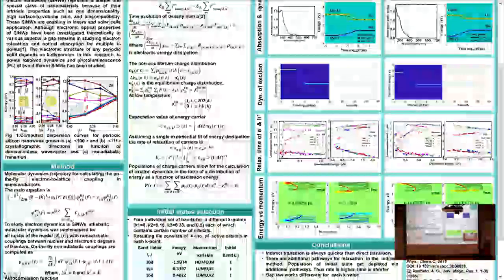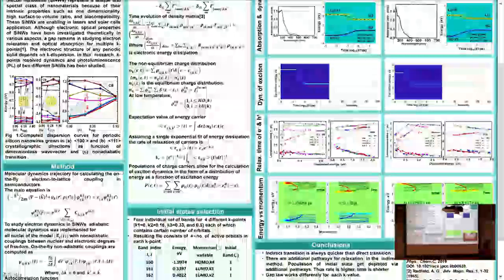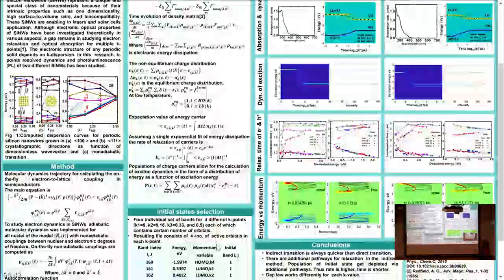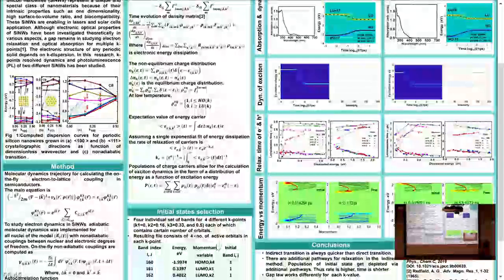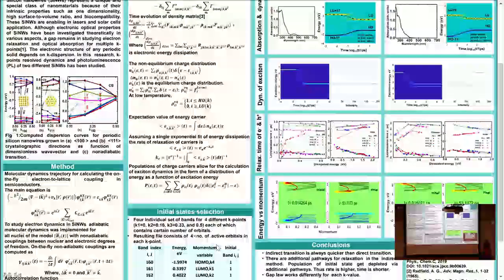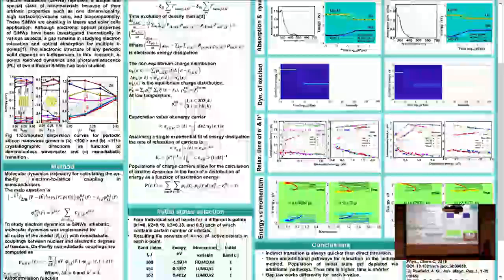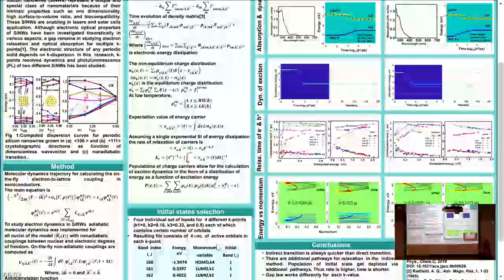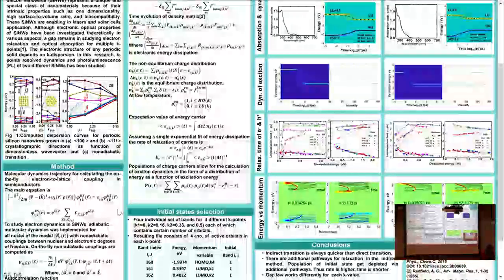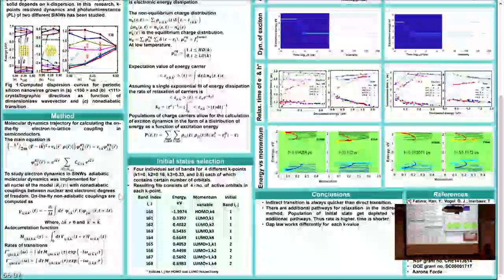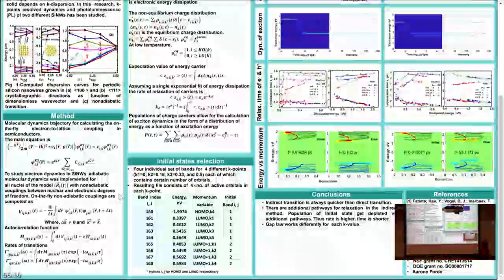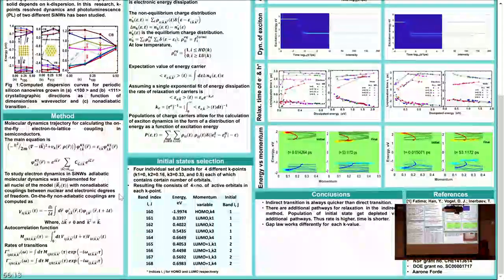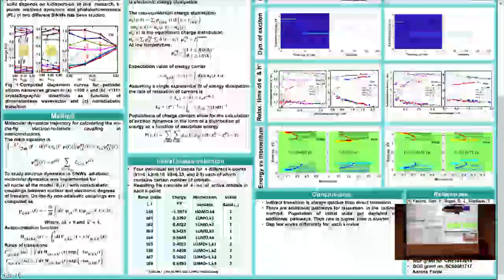When they are coming back, they can couple with the nuclear motion. Using this equation, we can calculate the coupling between electron and nuclear motion. That is called non-adiabatic coupling. Once we have this non-adiabatic coupling, we can derive the autocorrelation function here, and using this autocorrelation function, our rate of transitions can be calculated.